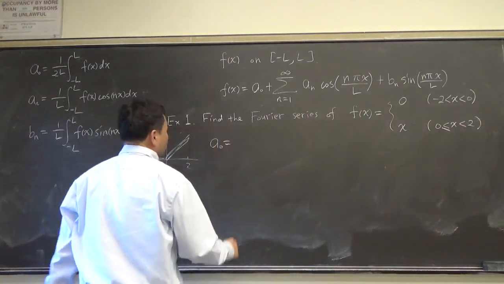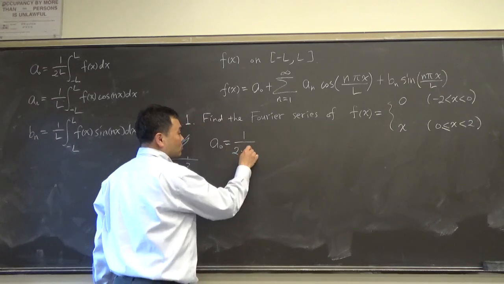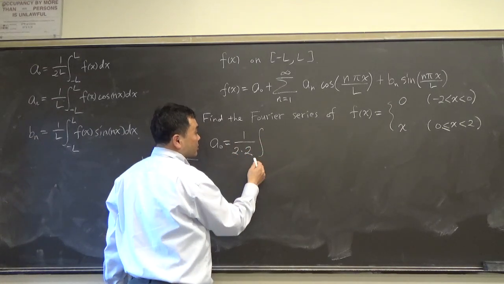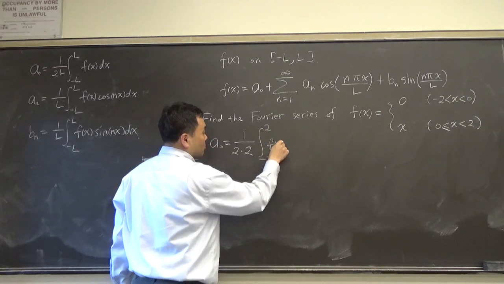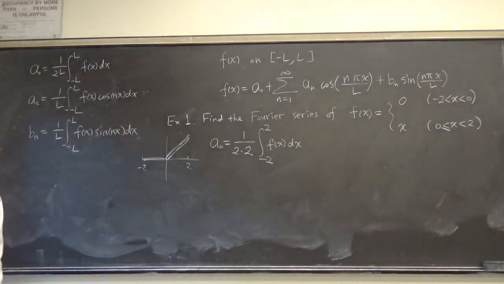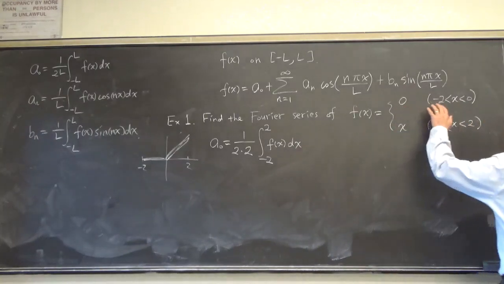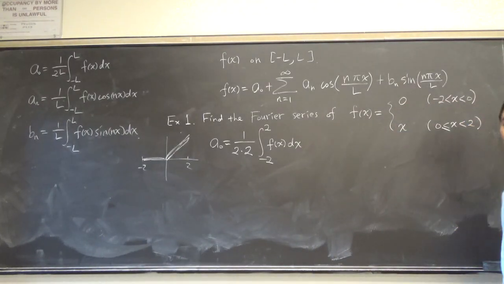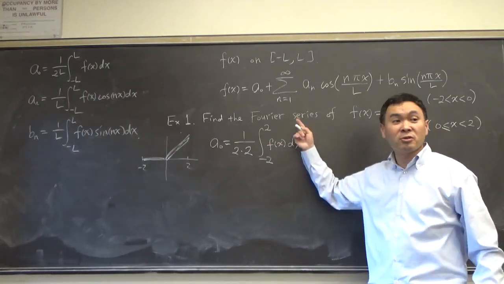So A0 would be 1 over 2 times L, but L is 2, integrated from -2 to 2 of this function dx. But this function is 0 from -2 to 0, so when you integrate 0 from -2 to 0, it doesn't count.